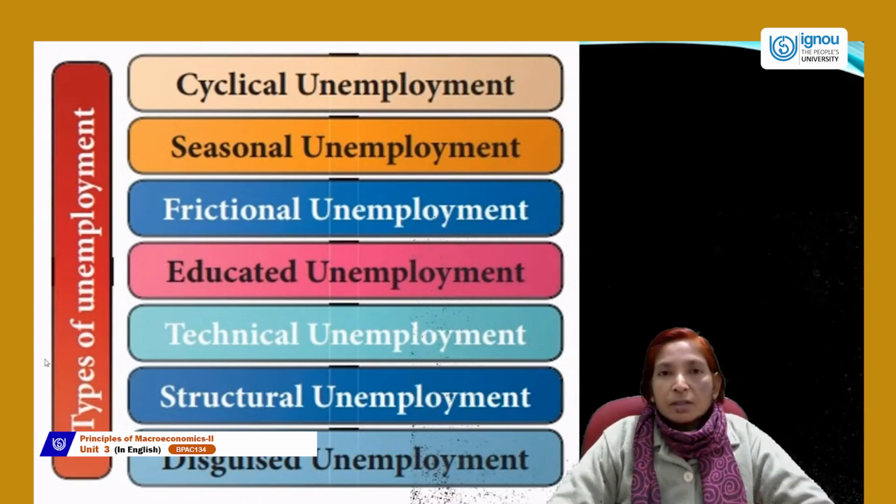If infrastructure facilities are not available, if labor supply is not according to the demand for labor, if raw material is not properly available in our country, and if technology is not sound or good, then this type of unemployment exists. And if roads, transportation, banking, insurance, these types of services are not available properly, then production activities will be disturbed, and when production will not be held, then how can employment opportunities be generated?